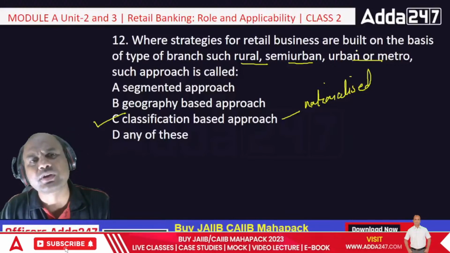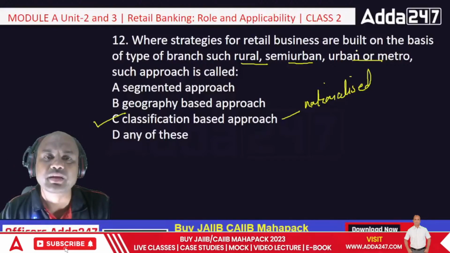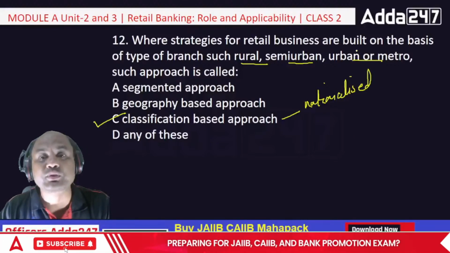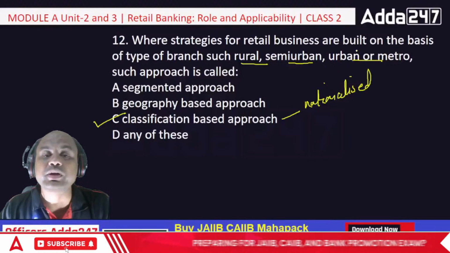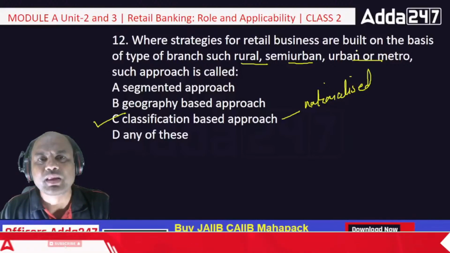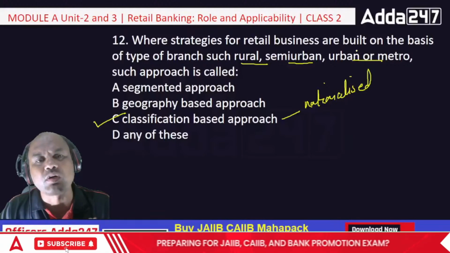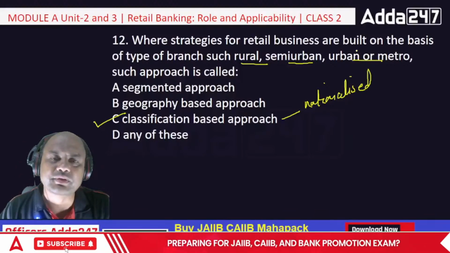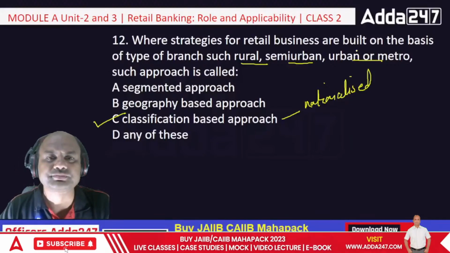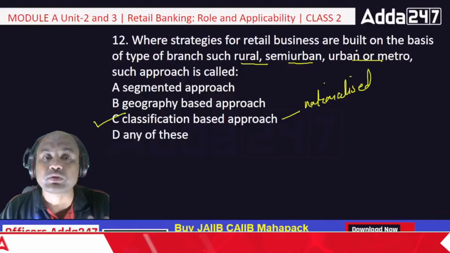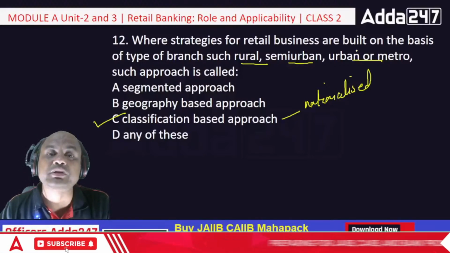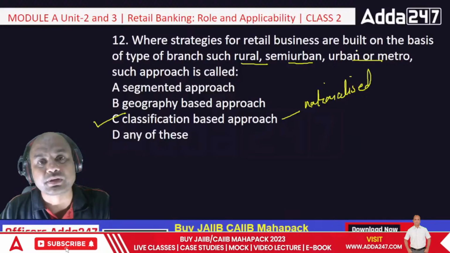It is possible now, because we are in the internet age. So that's why this classification based approach is nowadays fading. It's going. Nowadays we are moving towards the segmented approach. Every bank is moving towards that. Forex services will be provided in all the branches, including rural, semi-urban, urban, metro, every branch. That is the thing followed nowadays: segmented based on the business. Whichever business works where, follow that business model.